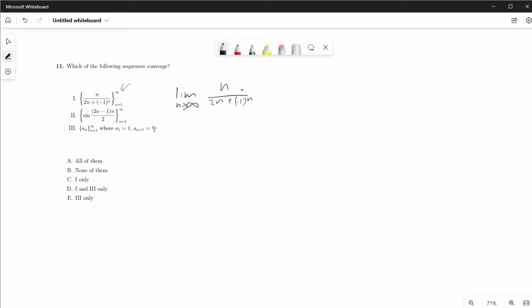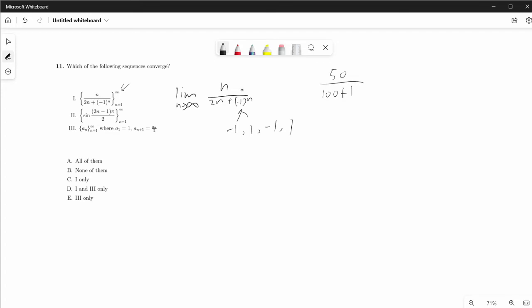For this, we can just think about this -1 here. It doesn't really matter, because it would just alternate -1, 1, -1, 1. When n gets really big, let's say n is 50, that's not really that big either, so it's like 100. 2 times 50, and then that would be +1.